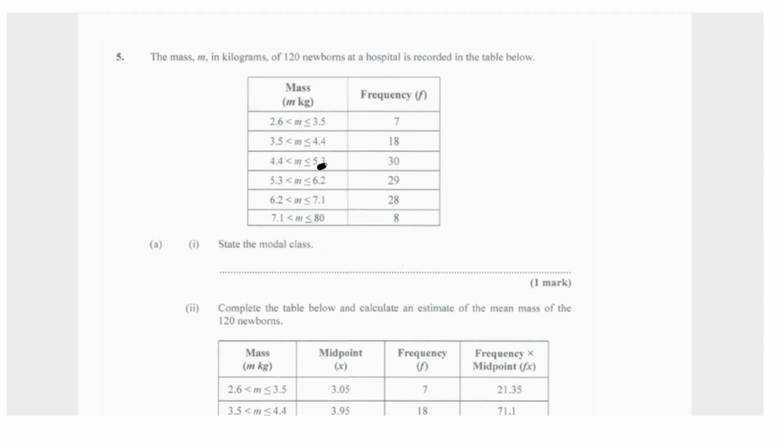So the modal class is going to be in this category here. So m is less than or equal to 5.3 and greater than 4.4. So we can write that down. So m is less than or equal to 5.3 and greater than 4.4. So the modal class is in here. So we identify the biggest frequency and we read across.